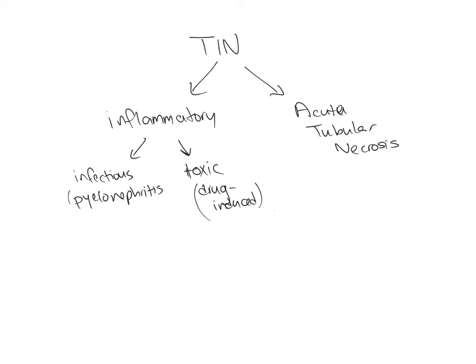In both cases, there's a lot of inflammatory cells present in the interstitium. Acute tubular necrosis is more specifically where the tubule cells themselves die, and this could either be from ischemia or, again, a toxic insult.